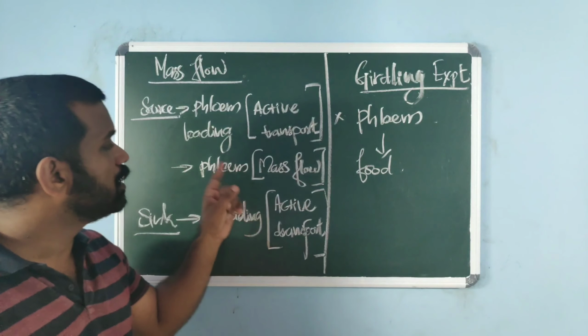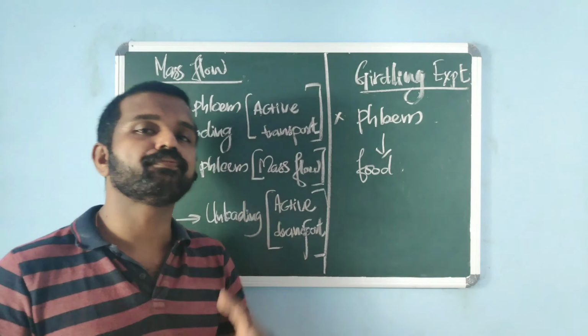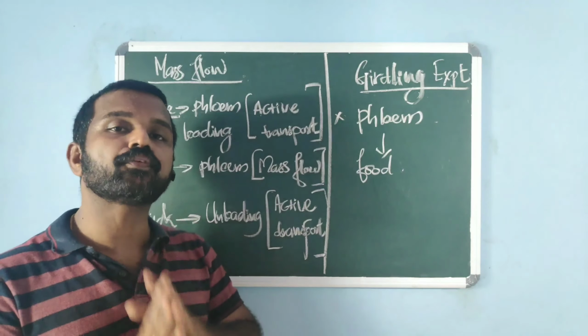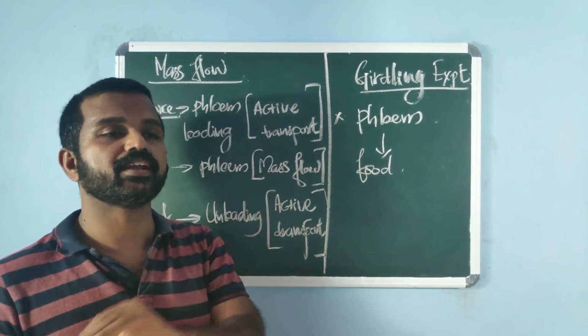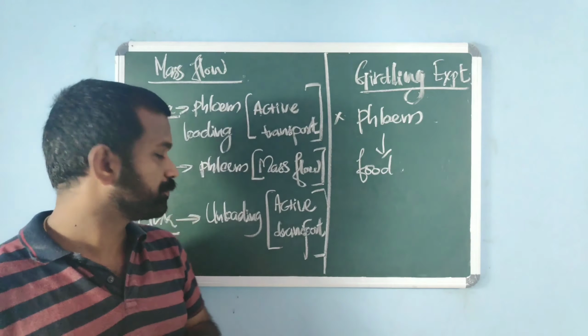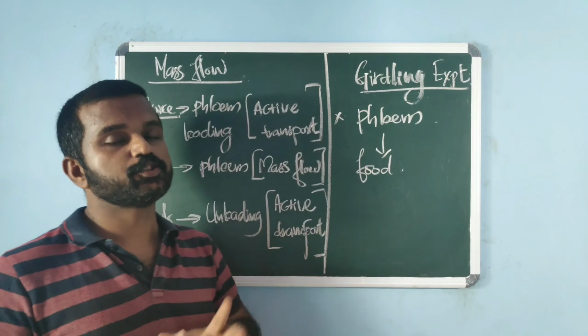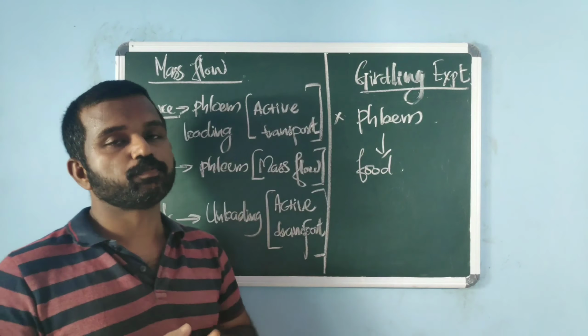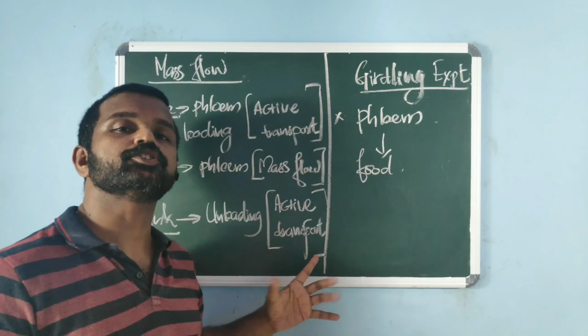As a result, mass flow of nutrients takes place from source to sink through sieve tube. Then at the sink, meaning the place where the food material is utilized or stored, phloem unloading takes place. That is, sucrose moves out of the phloem into the cells where it is utilized. And this phloem unloading also requires energy, that is, it is also by active transport.